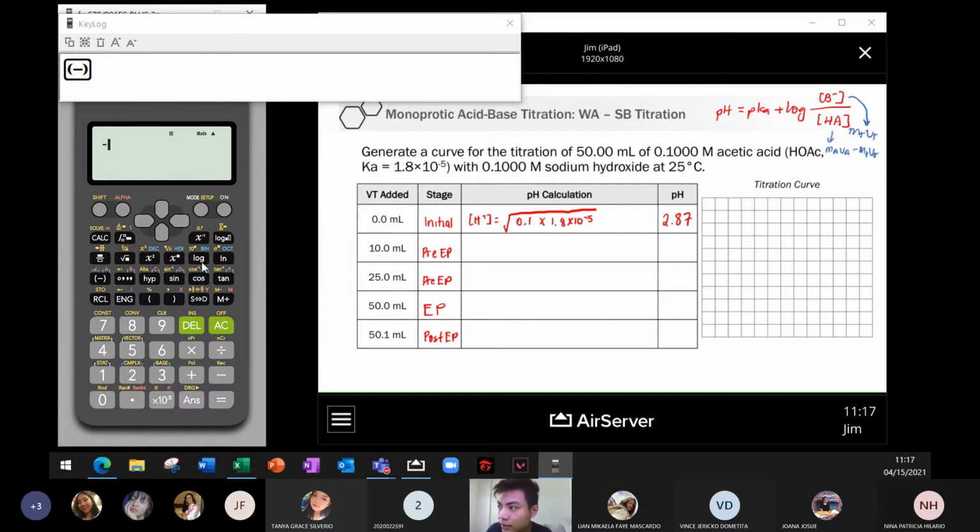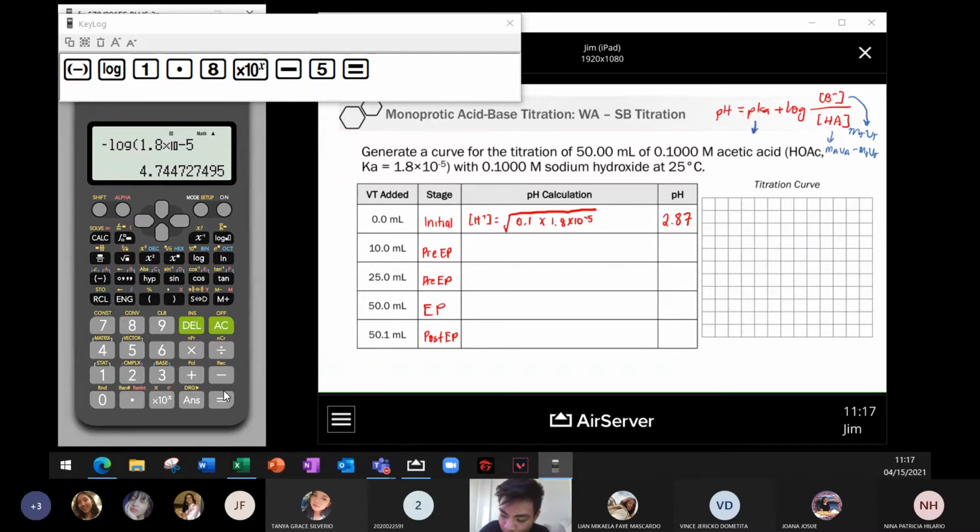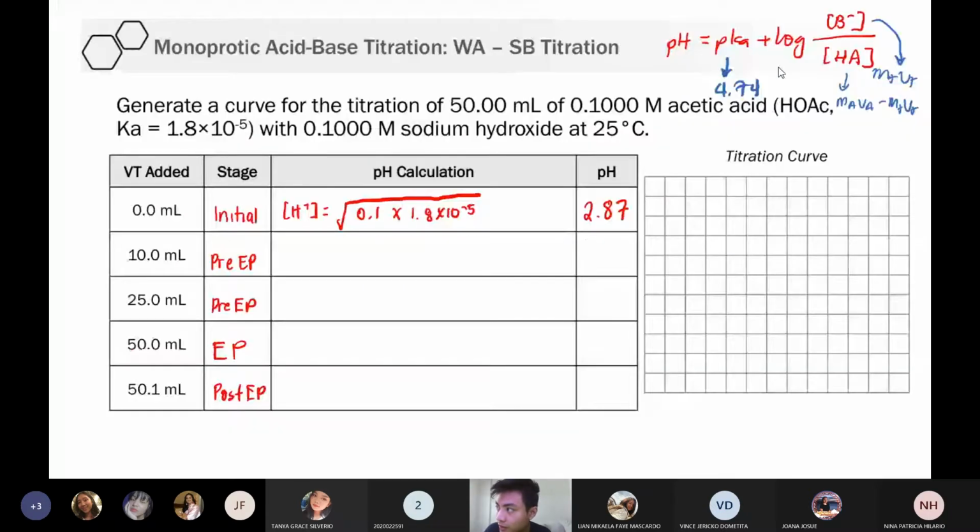So that's negative log of 1.8 times 10 raised to negative 5. Enter. Ayan. So the pKa is 4.74. Okay. Note na natin dito. 4.74. So hopefully nakuha nyo yun. 4.74 na pKa.